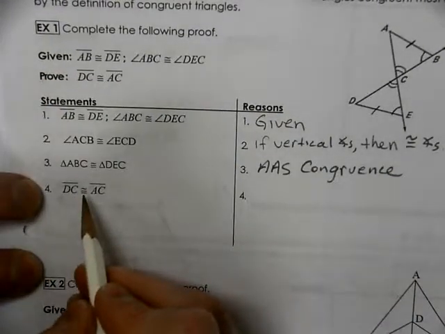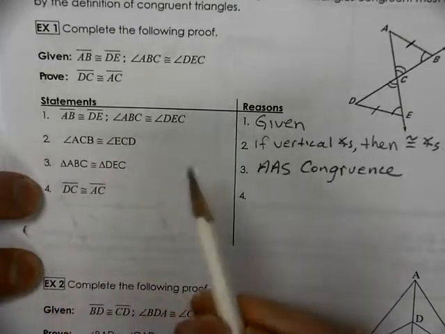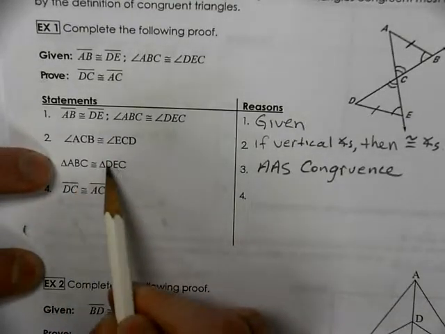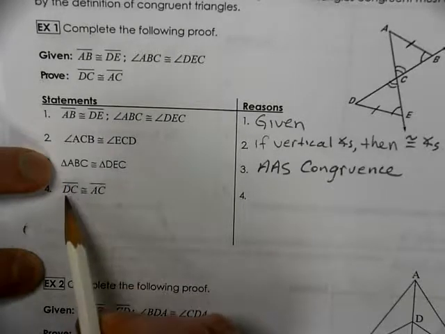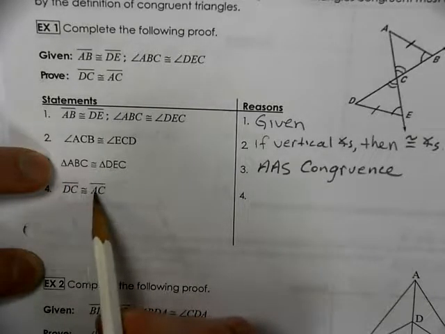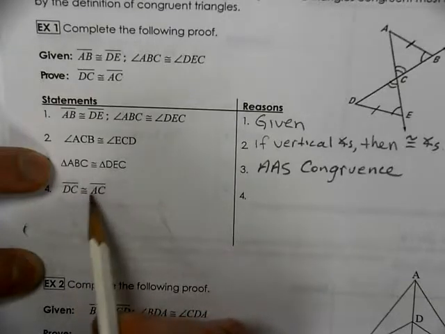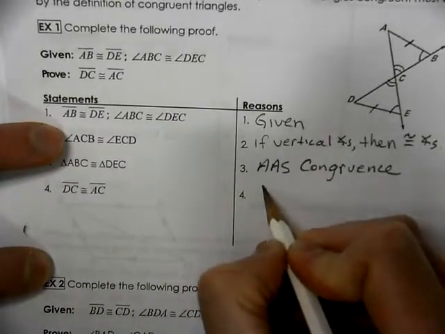And we now know we have the additional parts. If you look here, the first and last letter correspond with the first and last letter. So DC is congruent to AC. Segment DC is congruent to segment AC.